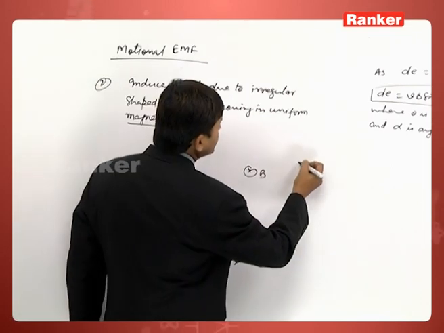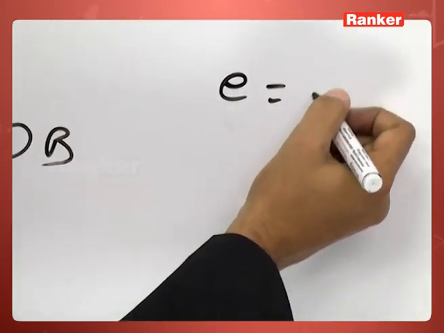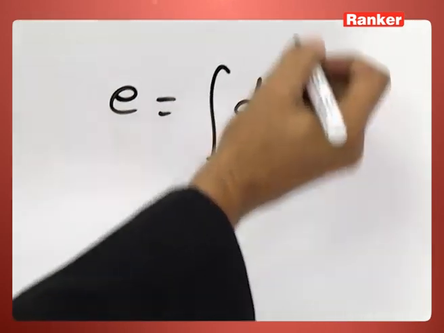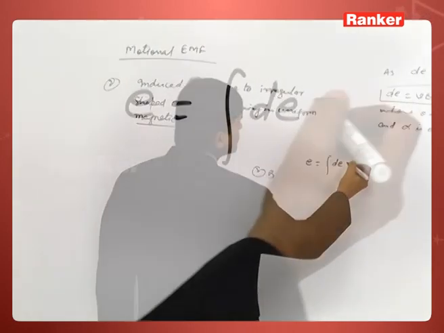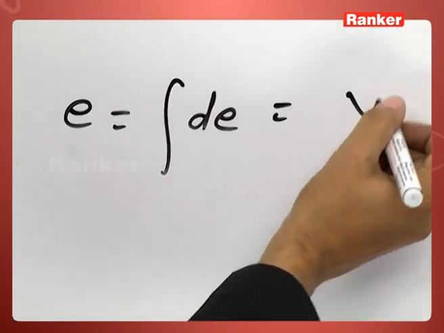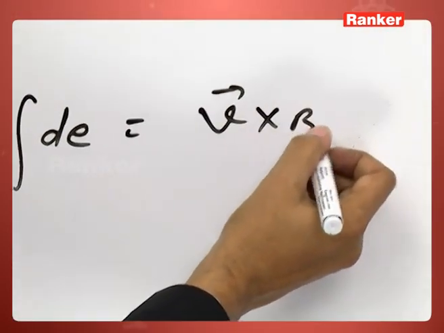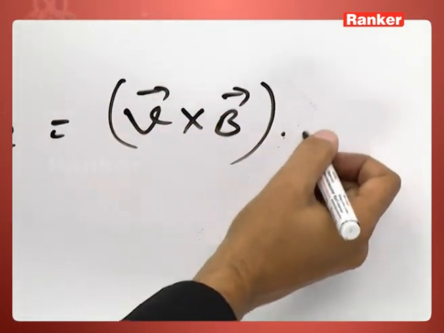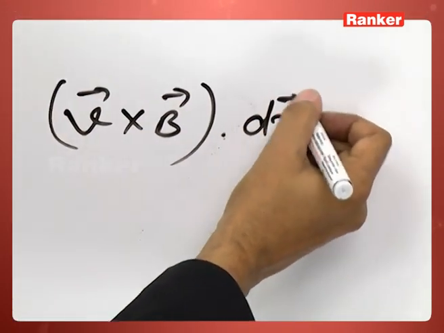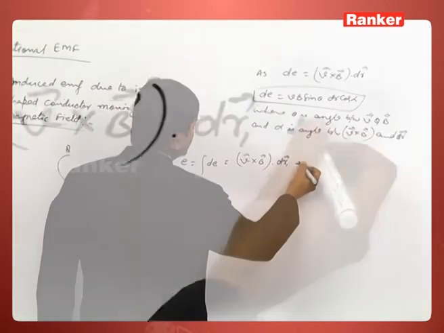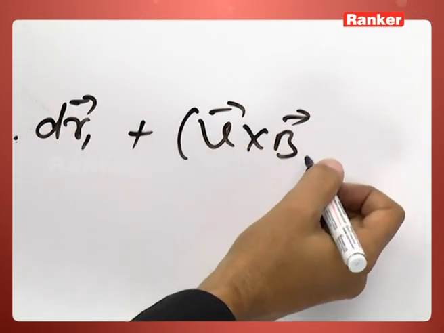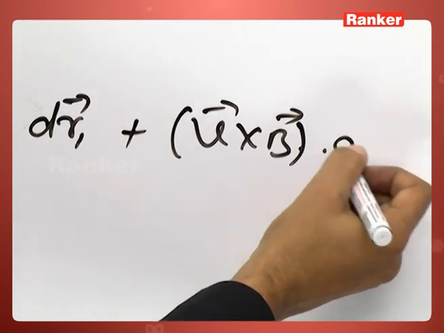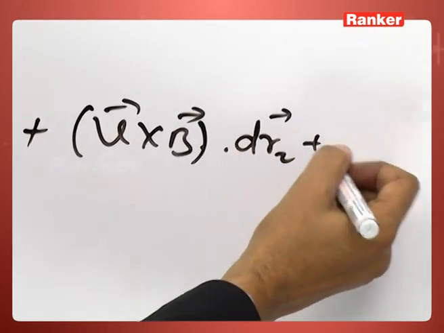So the total EMF E is the sum of dE, which is V cross B dot dr1 plus V cross B dot dr2 and so on.